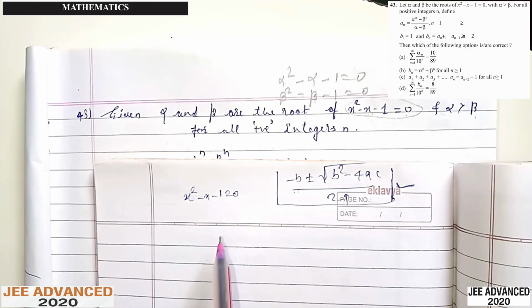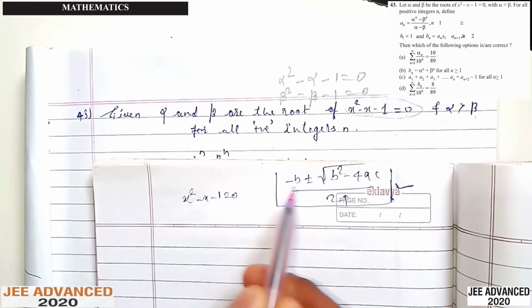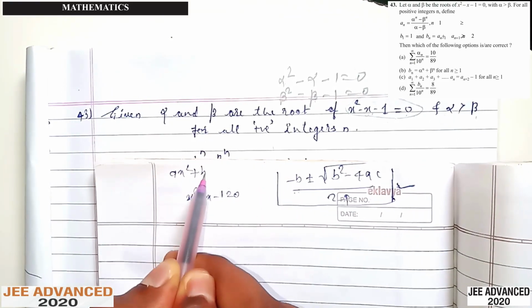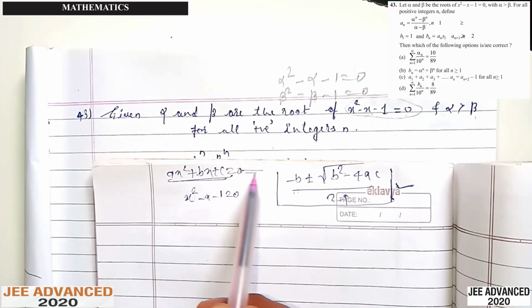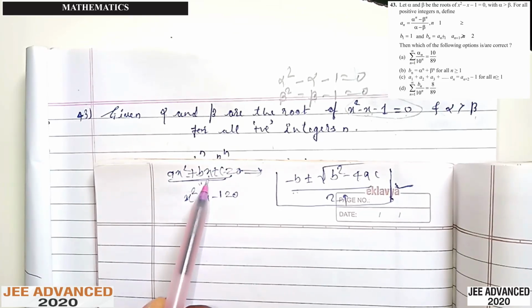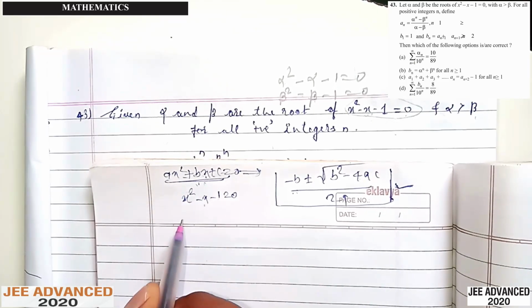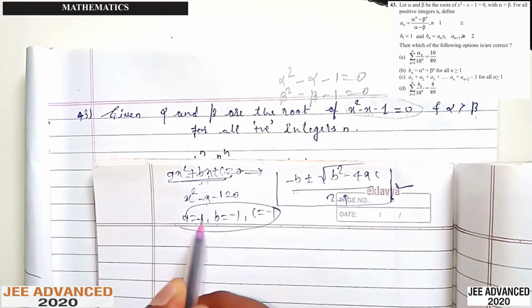Here a, b and c are the coefficients from ax squared plus bx plus c equals 0. I hope you are familiar with this general form of a quadratic equation. Compare with this one, and you get a is 1, b is minus 1, c is minus 1. Put a, b, c over here.